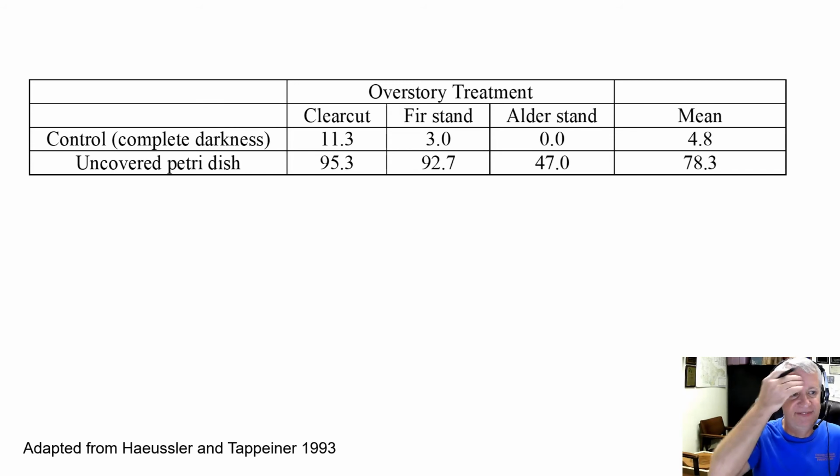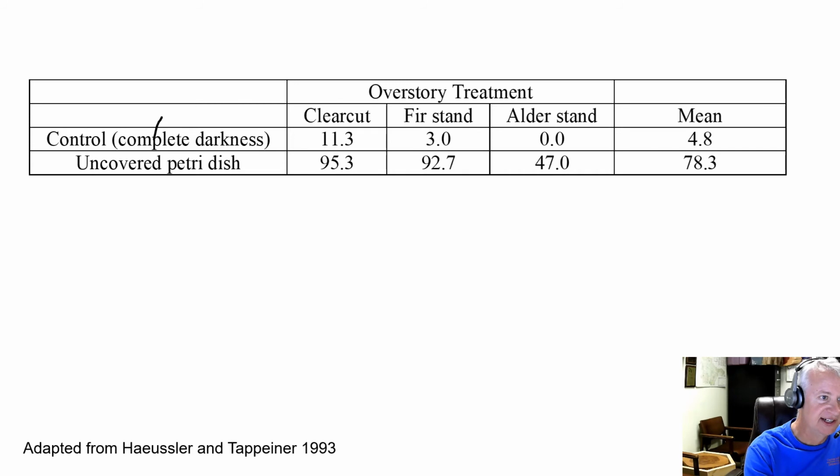So what is the significance of that? Seeds. This is some data from a study looking at germination of alder seeds. So they had an experiment where they placed alder seeds in Petri dishes, and they wrapped some Petri dishes in aluminum foil, so they were in complete darkness.